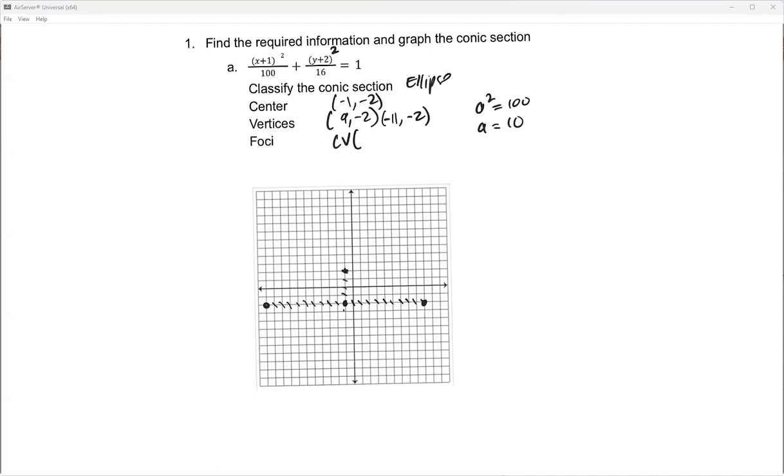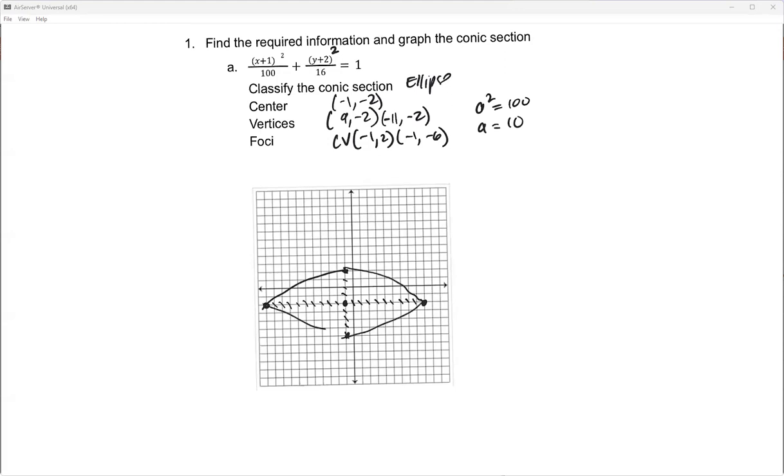And 1, 2, 3, 4. So our co-vertices are -1, comma, 2. And -1, comma, -6. Did we get that? Okay. And then we connect the dots here.